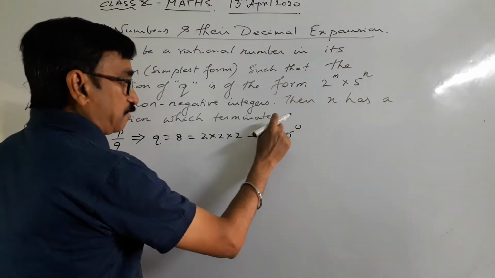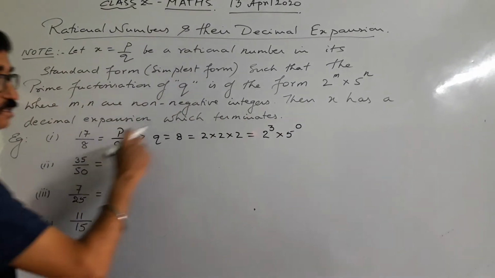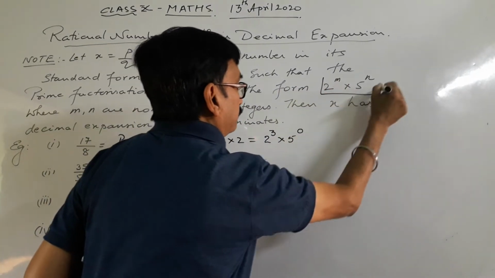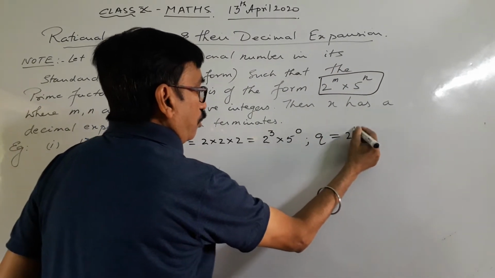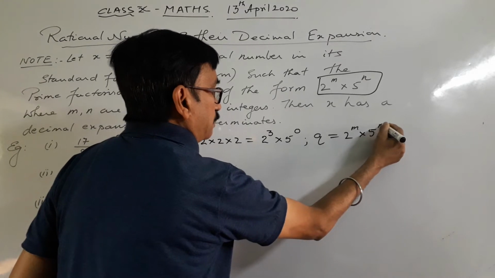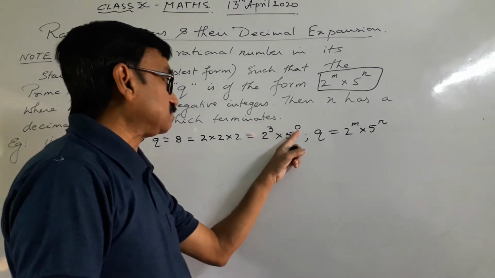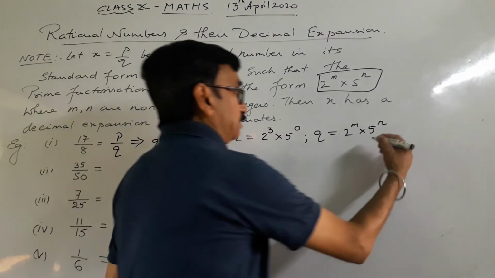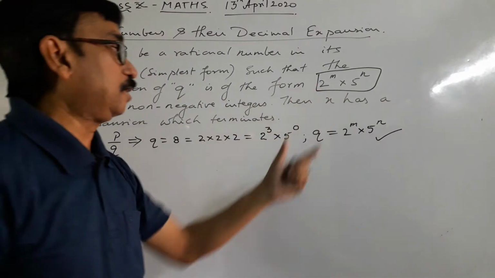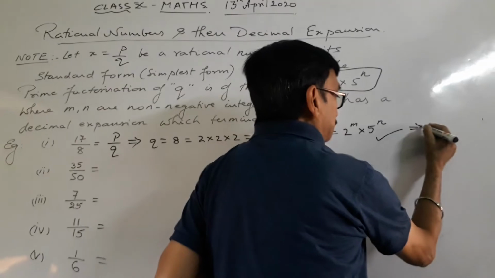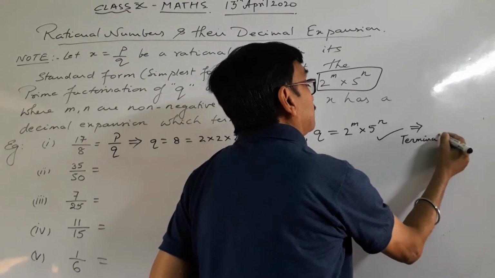So 2 to the power 3 into 5 to the power 0 means this rational number's denominator is of the form 2 to the power m into 5 to the power n, where m is 3 and n is 0. So the denominator of this rational number is of this form, and this rational number will terminate. It is a terminating rational number.